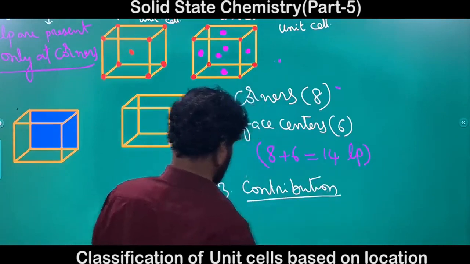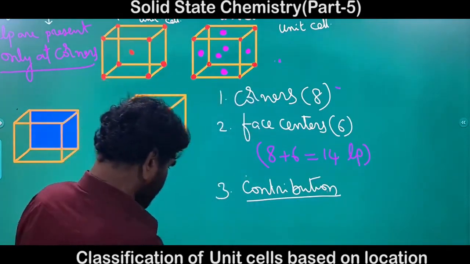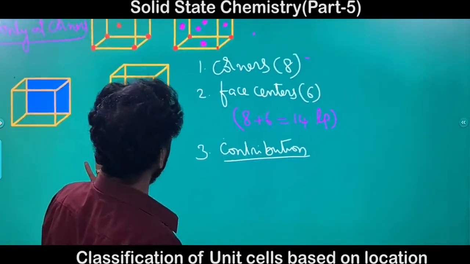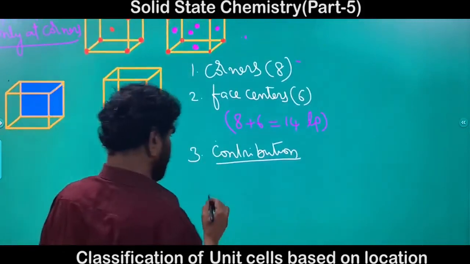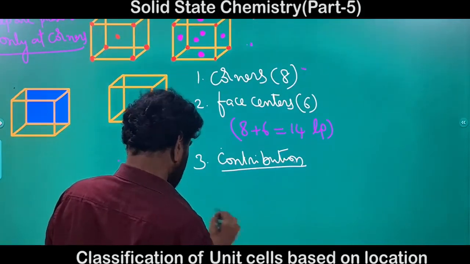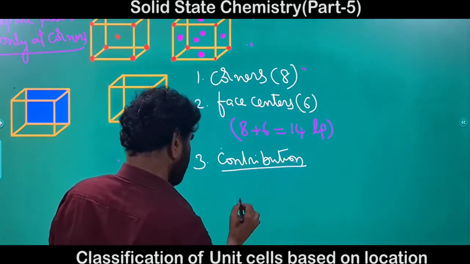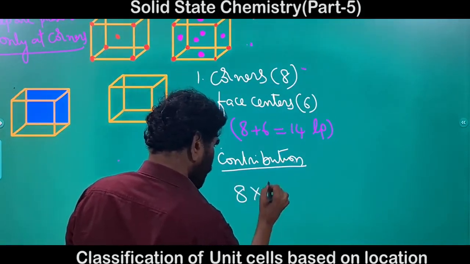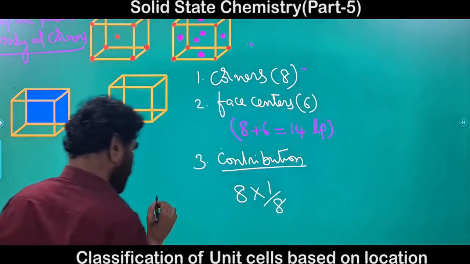Lattice points contribution. One is corners, the corner atoms, that is 8 into 1 by 8.